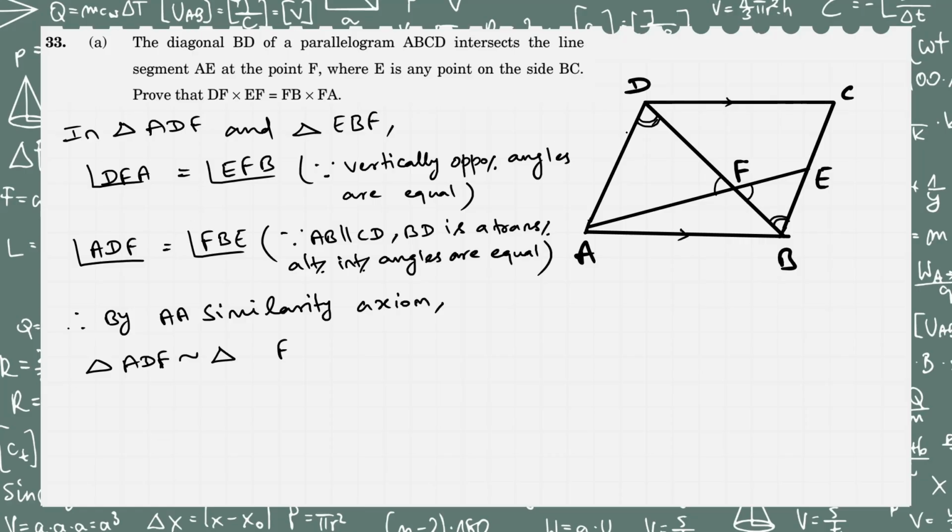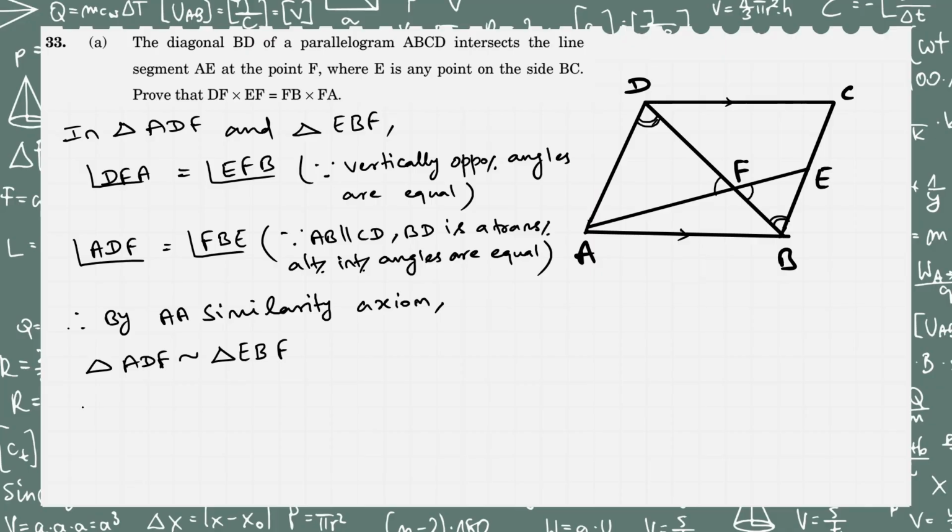And angle at D and B are the same, so D is positioned in the middle. So here also B will be positioned in the middle, and the remaining letter E will take the first position, right? That's how we have to write the letters in the respective positions. Otherwise the proportionality which you are going to write after this will be spoiled, right?